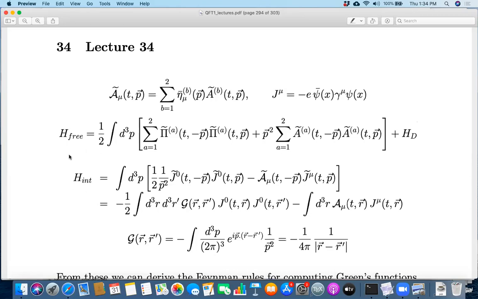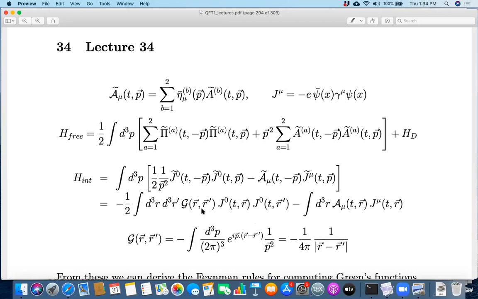Then there is an interaction part, which had two parts. One was some kind of contact interaction, given here: an integral over the two space coordinates r and r prime of this Green's function G(r, r prime), defined here, and the product of two charge densities, J0 at r times J0 at r prime.